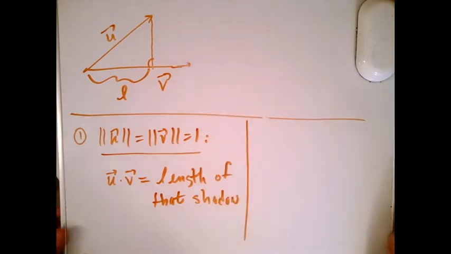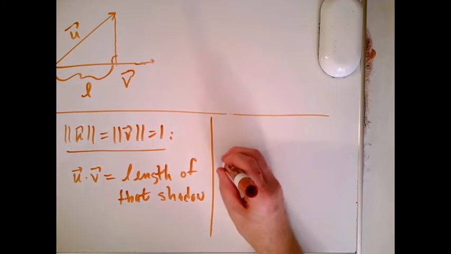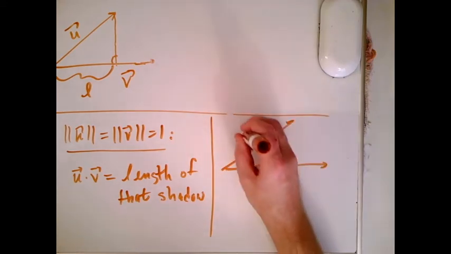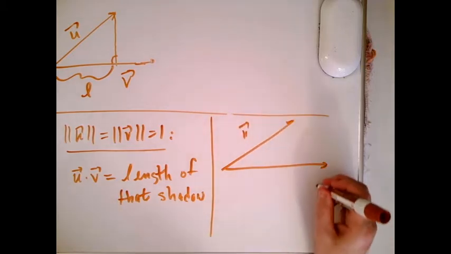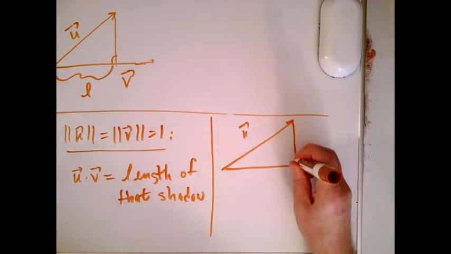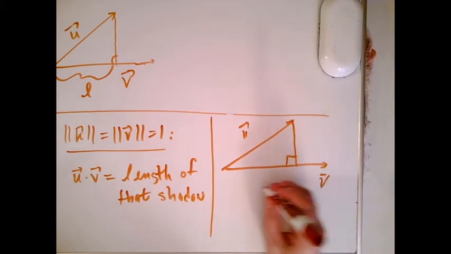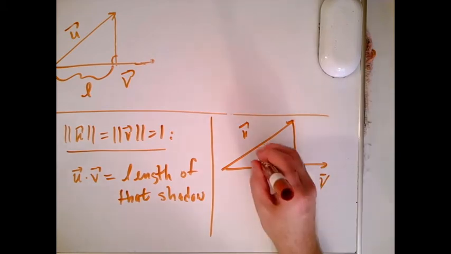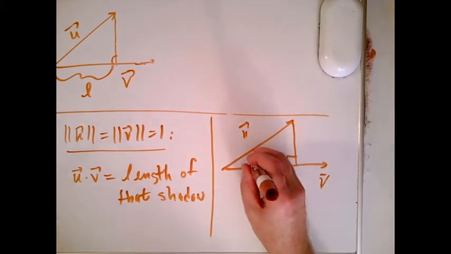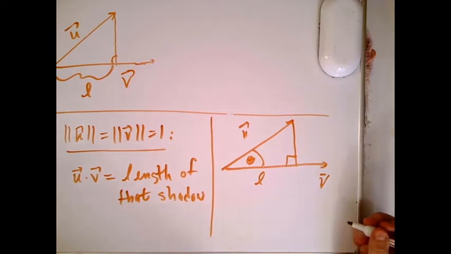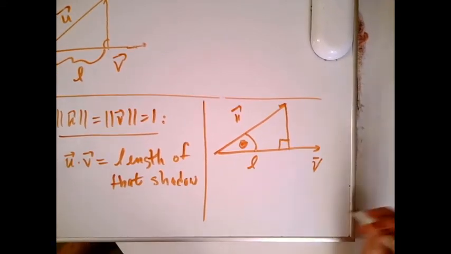Now, let's just draw a picture and find the length of that shadow. Here again, u's there, v's there. I want the length of that shadow. Well, let's use some trig. Let's say that there's the smallest angle between them. I want the smallest angle so I can draw a triangle. And what are we going to get?